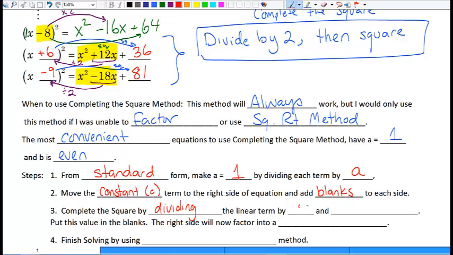the linear term by 2 and then squaring that value. So that's where the divide by 2 and square comes up. Now, put this value in both of the blanks that you made in step 2. The left side should now factor into a perfect square.